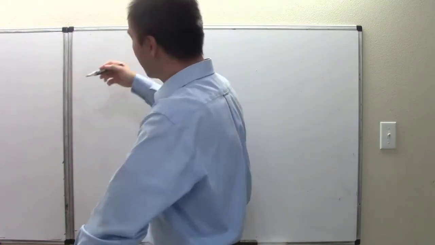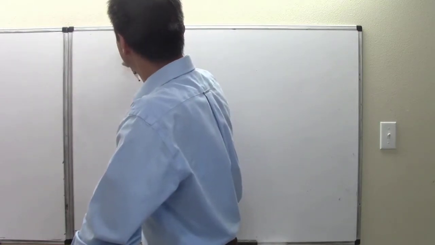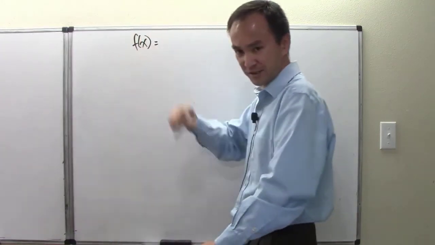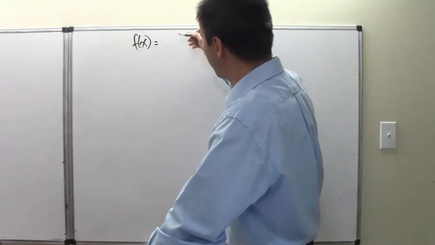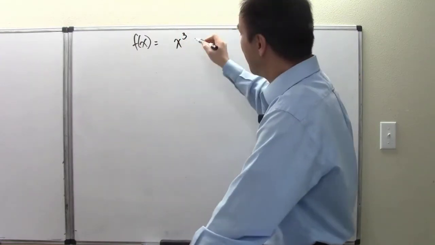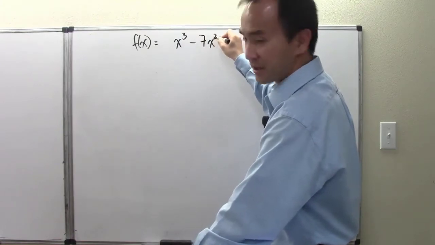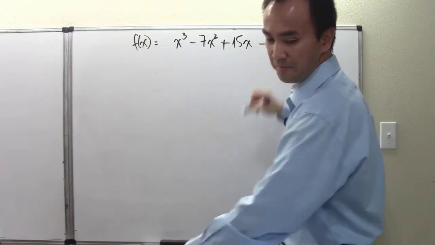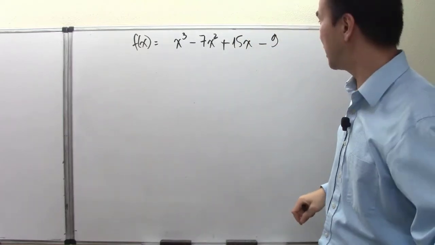Allow me to write it down. Our polynomial f of x, as a function, takes input x, and the rule says for every x input, I'm going to raise it to the third power, minus 7x squared plus 15x minus 9. So this is my polynomial.